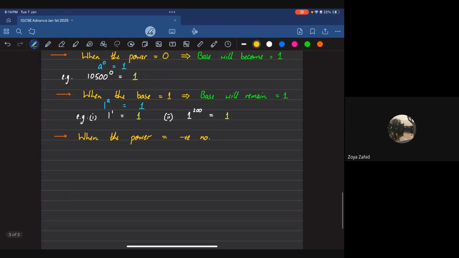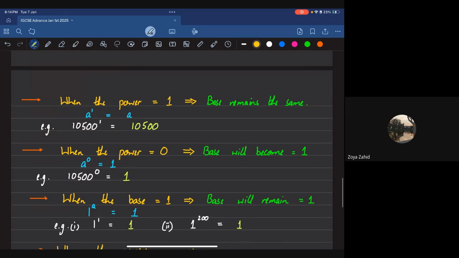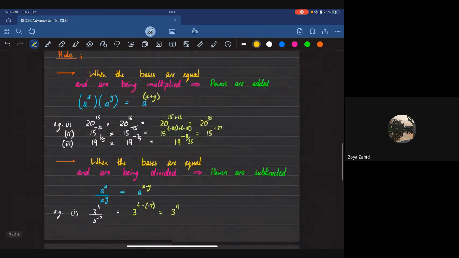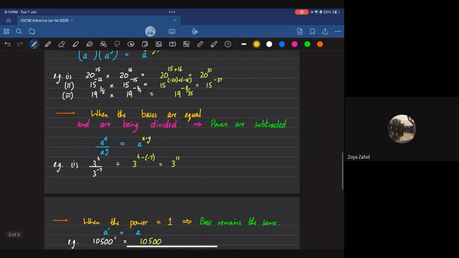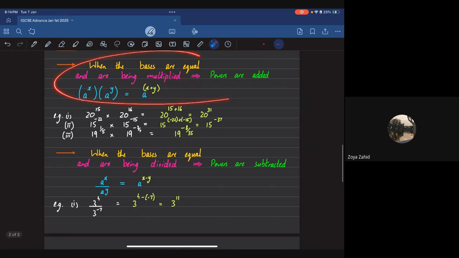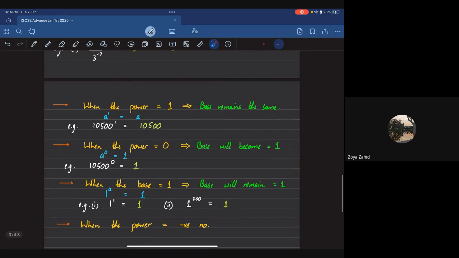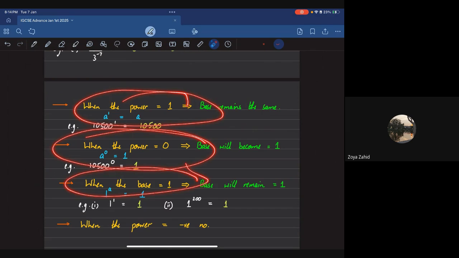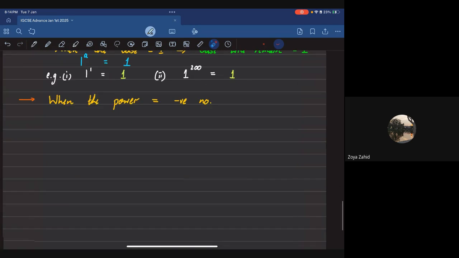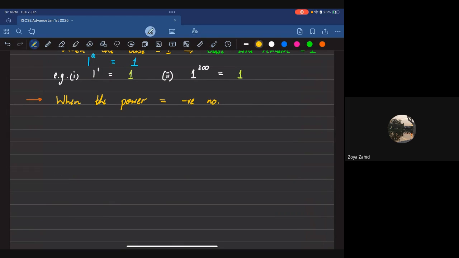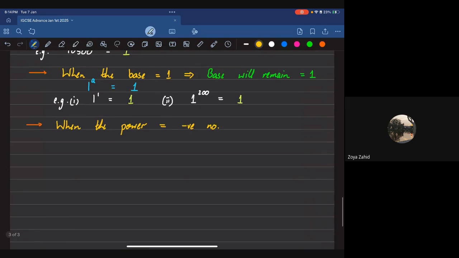You guys will probably notice this trend: whenever we've discussed it, there's been no mention of a base with a negative power. We've seen power equal to one, power equal to zero, but this can be a possibility, right? Your powers could be negative as well, because I stated in the beginning that powers are irrespective of whatever base you use. You could have any power at any time.